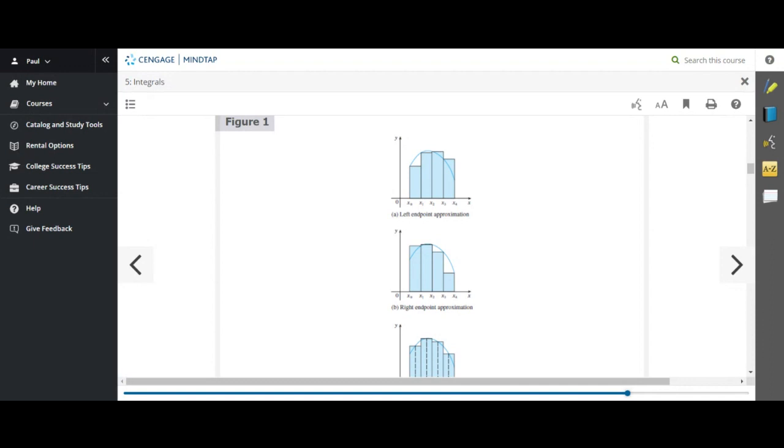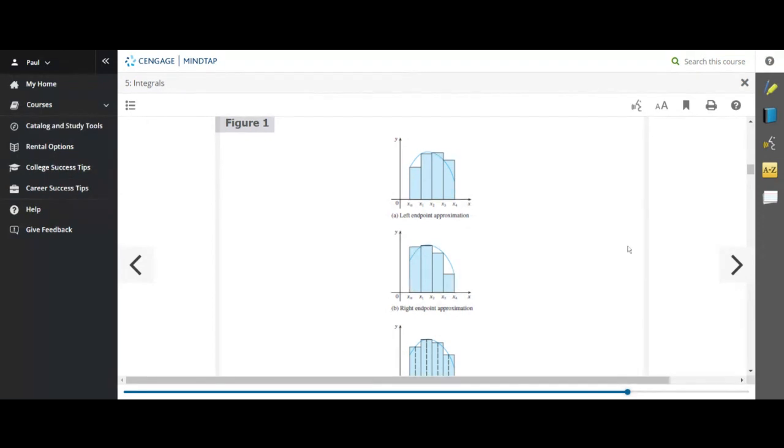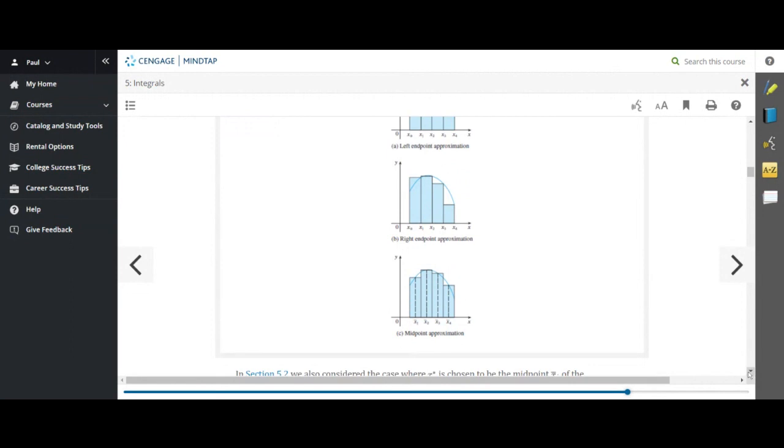And then look here, if we go down a little bit, we have a midpoint approximation. You see there where you have the midpoints of each subinterval, and those help determine the heights of the rectangles.